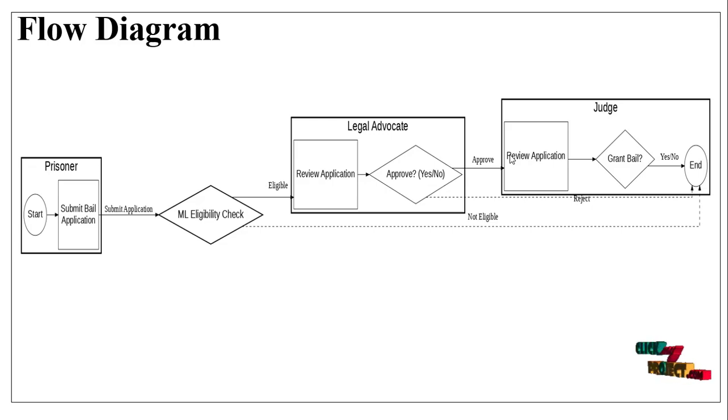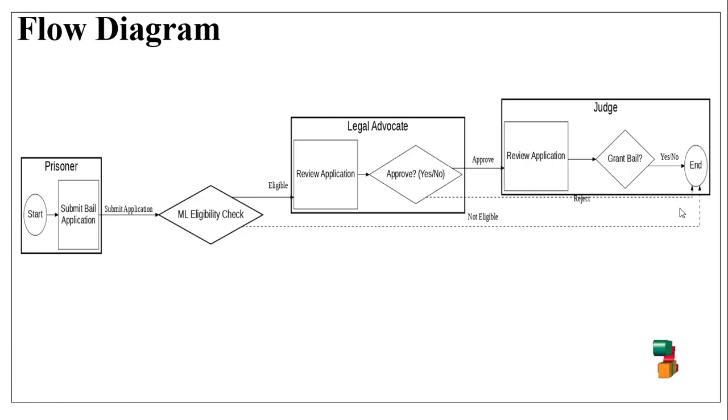Then finally he will decide whether the bail must be granted or not. If no, it goes back to the prisoner. If yes, it is successfully granted to the prisoner. Then finally log out, and this is the third module.